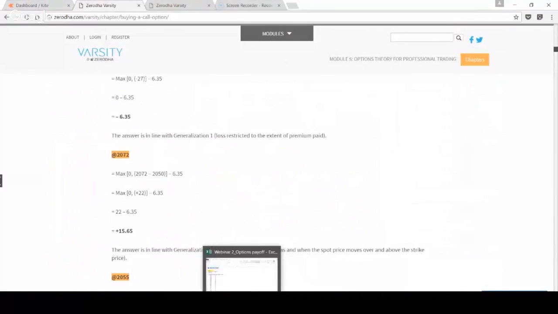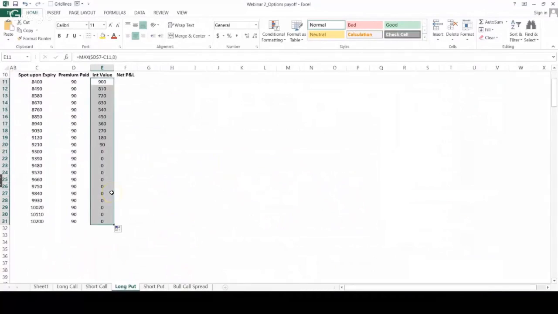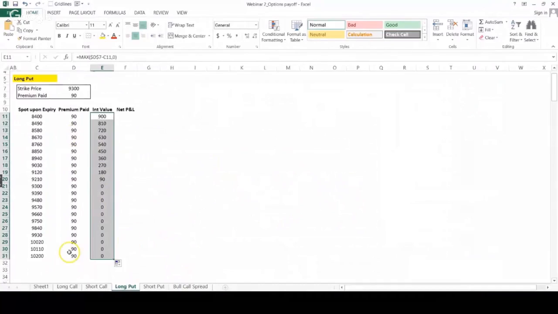So the intrinsic value of a put option is the maximum of the strike price minus the spot price, or 0. There you go, I've got the intrinsic value of the options based on the different expiries.